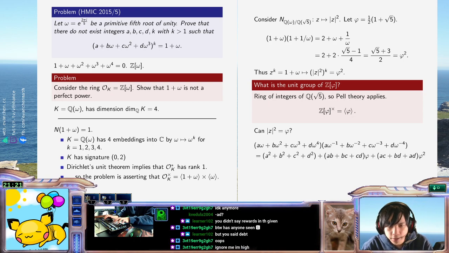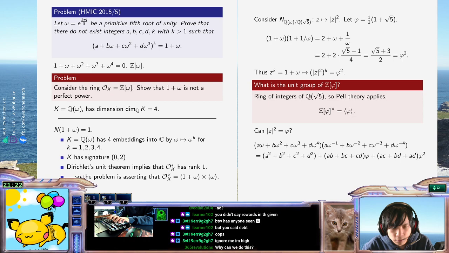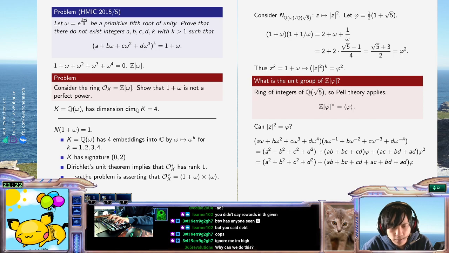And then I can write a squared plus b squared, omega to the second, omega to the minus 2. This is phi. And then this is a plus 1.